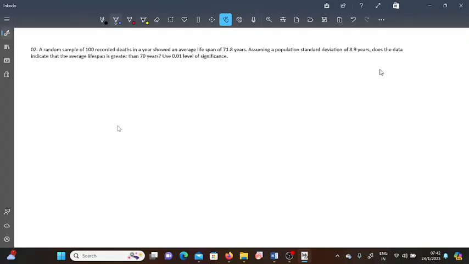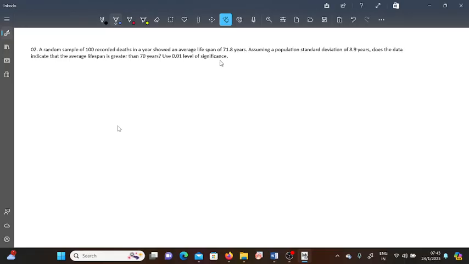The question is, does the data indicate that the average lifespan is greater than 70 years? That means we need to consider the hypothesis that the average lifespan is greater than 70 years. Now using 0.01 level of significance, we need to check whether the given hypothesis is accepted or rejected.